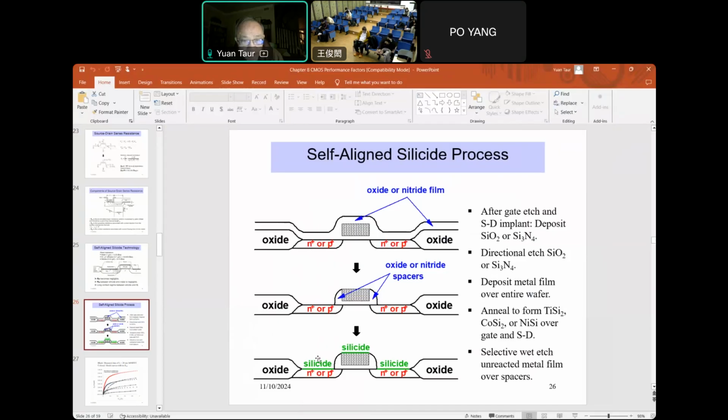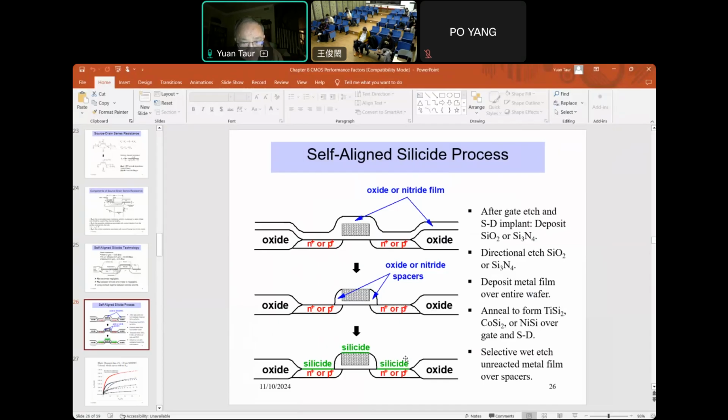And then we put on a metal. Initially it was titanium, later on cobalt and then nickel, and then we heat it up to form silicide: titanium silicide, cobalt silicide, or nickel silicide.